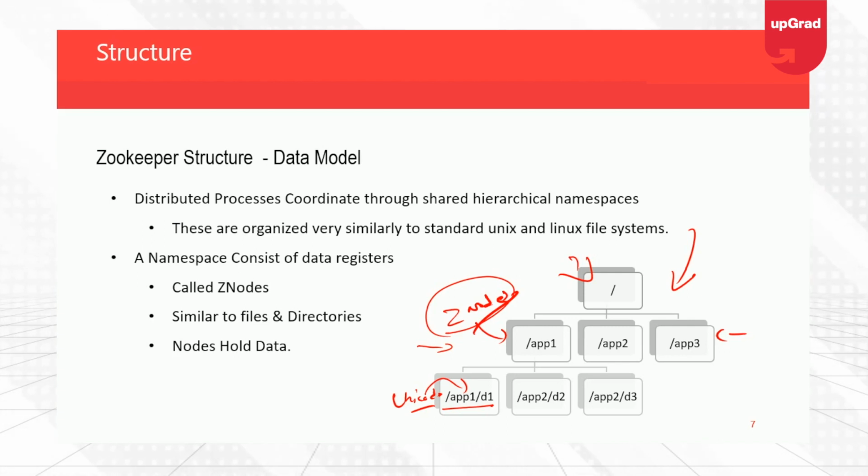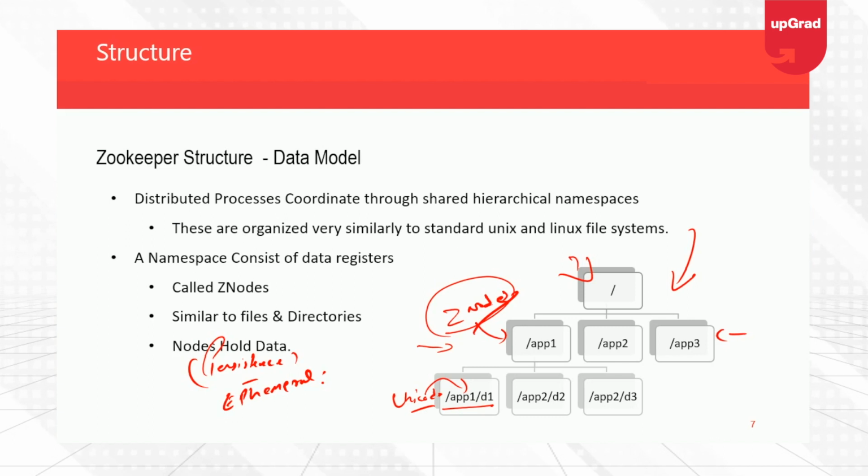Let us try to understand what a persistence node is. This type of Z node is alive even after the client which created that specific Z node is disconnected. By default, in Zookeeper, all nodes are persistent if it is not specified. The second type is the ephemeral node.